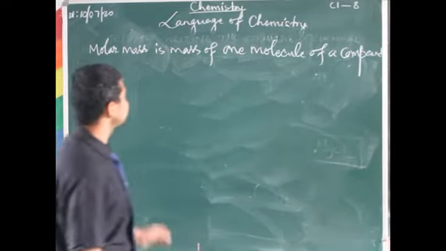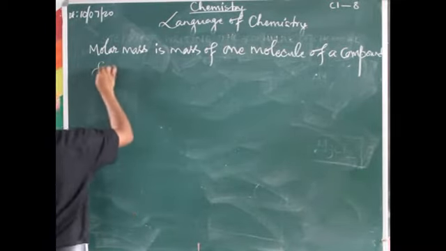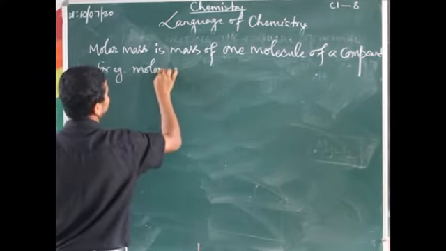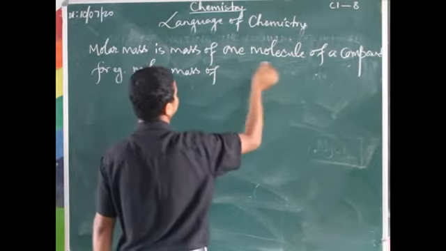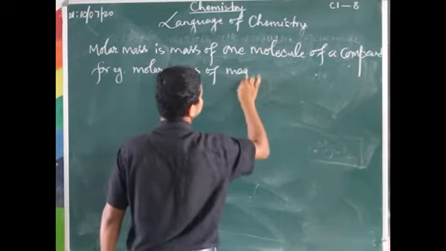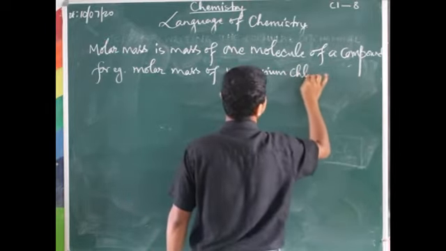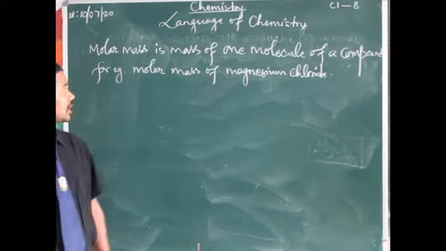So what is molar mass? Molar mass is mass of one molecule of a compound. For example, molar mass of magnesium chloride.